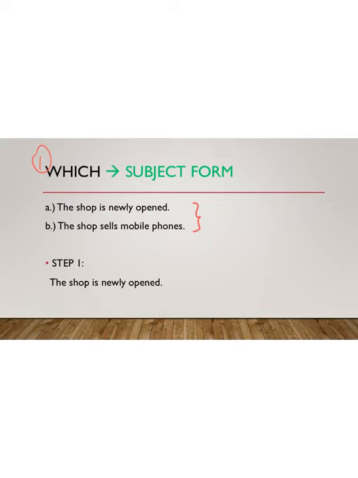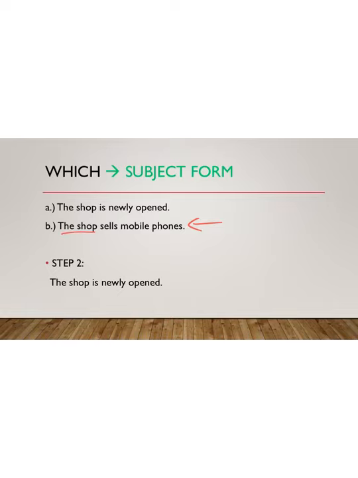That's why you have to give some more information. Step number 1: the shop is newly opened. Step number 2: sentence B is the additional information that I want to give you to tell you which shop I'm talking about.